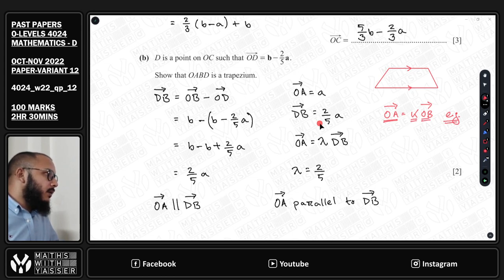Also, if let's say you have something like AB is equal to a constant times BC, not only will AB and BC be parallel, but at the same time, they will be collinear.